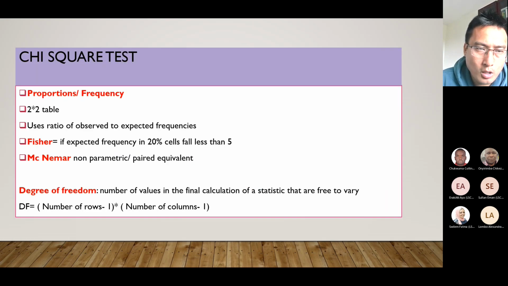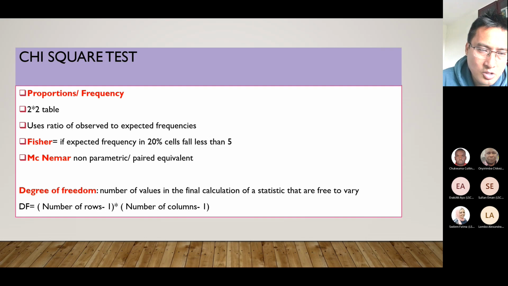Now we come to the chi-square test. Chi-square test is an inferential statistic dealing with frequency and proportions. If in the exam they build a 2 by 2 table, and if they talk anything about frequency and proportion, that's a chi-square test.